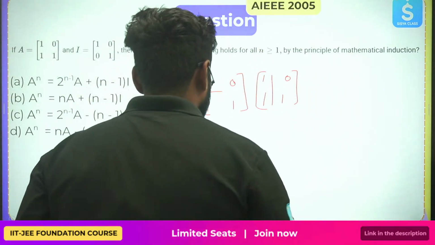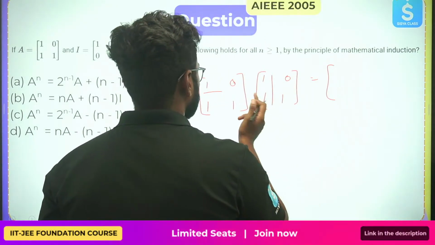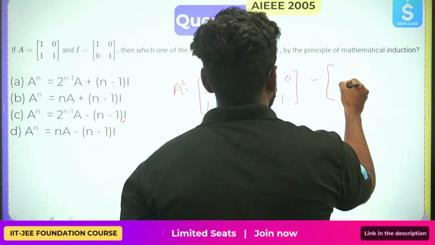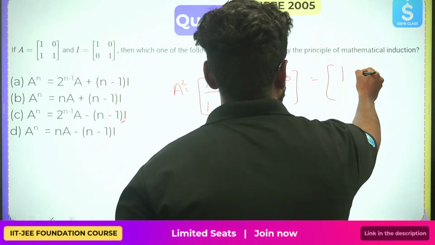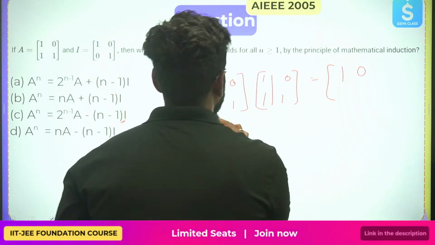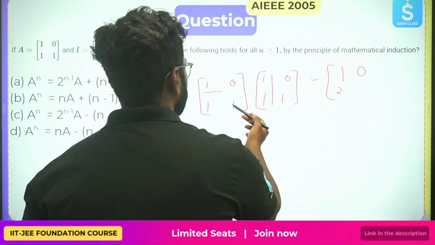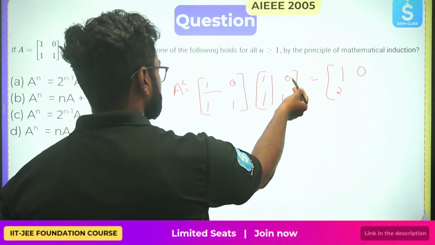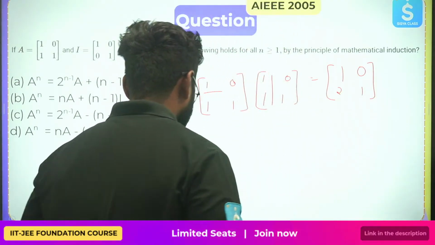I'll be getting 1 into 1 is 1 plus 0, 1 into 0 is 0, so I'll be getting 1. In the second case, 1 into 0 is 0, I'll be getting 0. Next, I'll be getting 1 into 1 is 1 plus 1 into 1 is 1, so 1 plus 1 is 2. Finally, I'll be getting 1 into 0 is 0 plus 1 into 1 is 1. This is what your A square is.